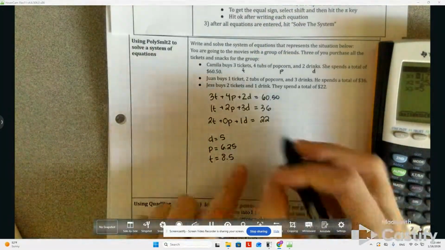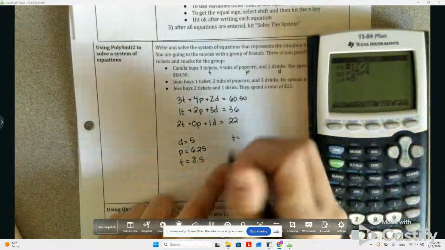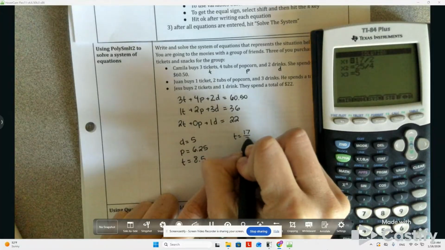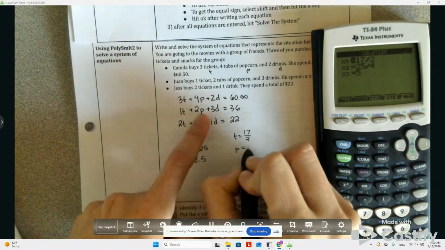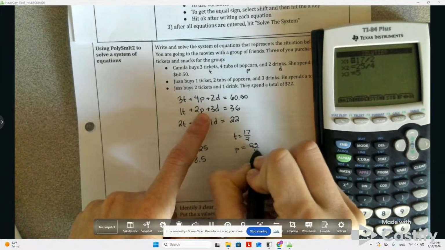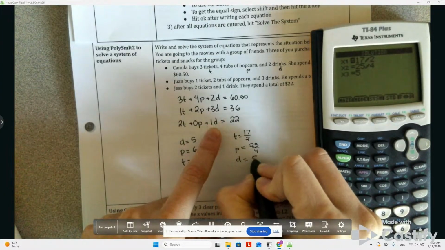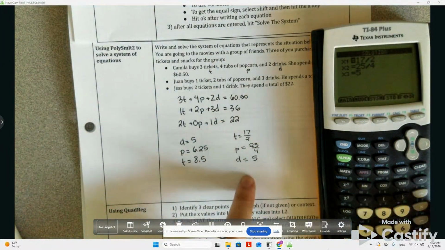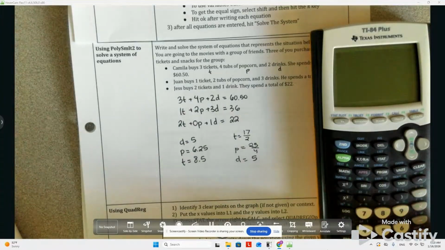It's telling us t equals 17 over 2. P equals 25 over 4. And D equals 5, which I would recommend, since we're dealing in money here, putting those into decimals.